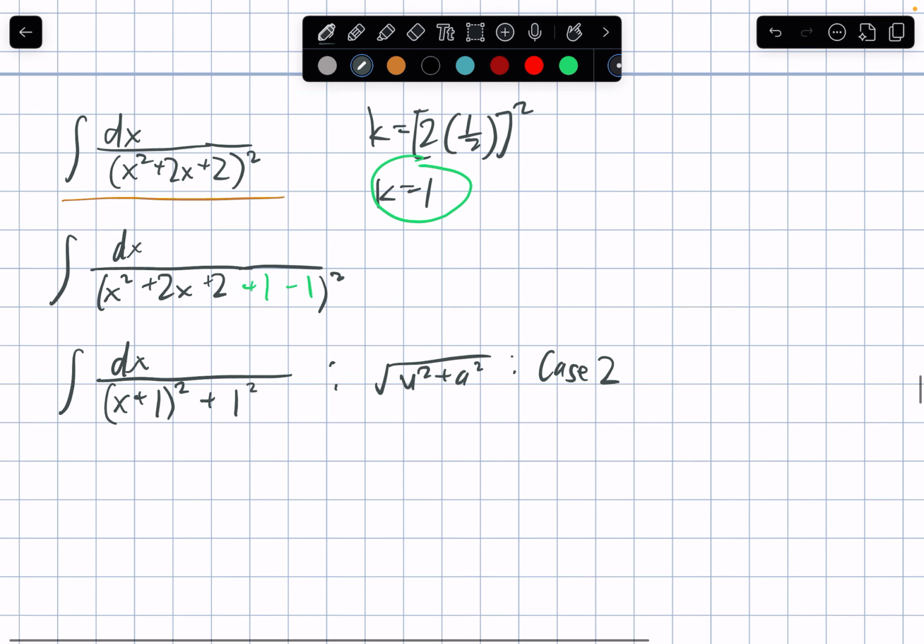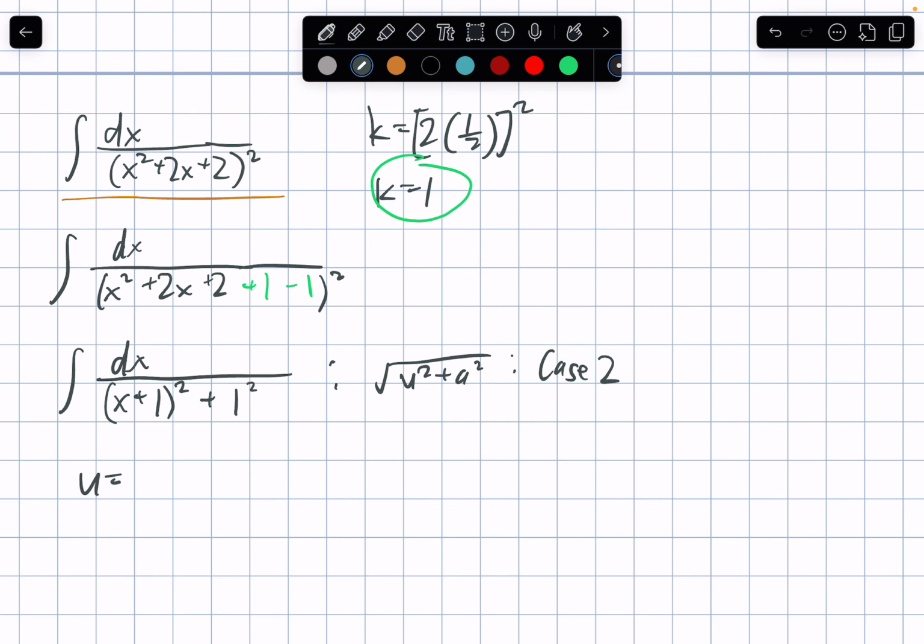And now we identify what our u and a are. So u is x plus 1, a is 1, right? And then we let u equal, since this is case 2, this is tangent.